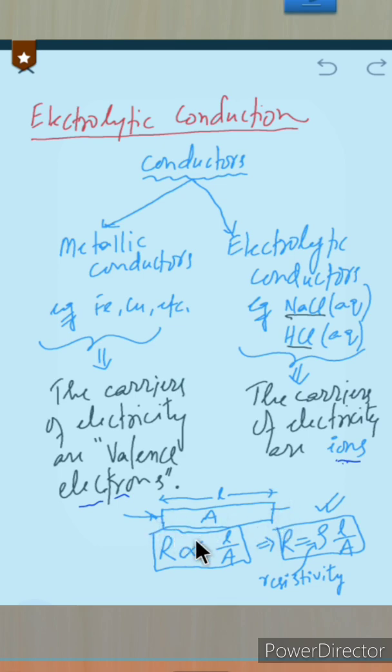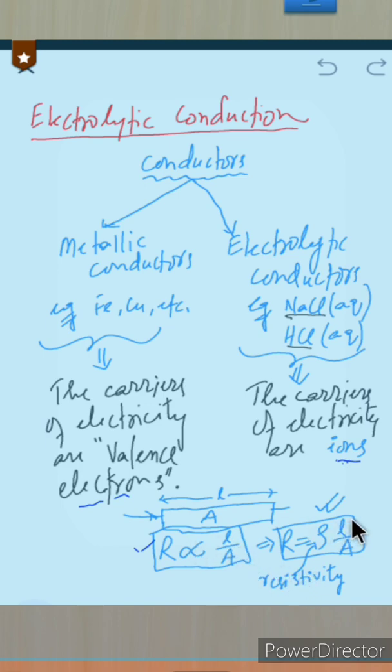Suppose this is a metal, this is a conductor, and the length of this metal is L, and its area of cross section is A. The resistance of this metallic conductor is R. From lower classes, from class 10th I think, we all know this relation, that resistance of this conductor is directly proportional to L upon A. Converted into equality, a constant of proportionality rho is kept here, and this is the specific resistance or resistivity of the conductor.